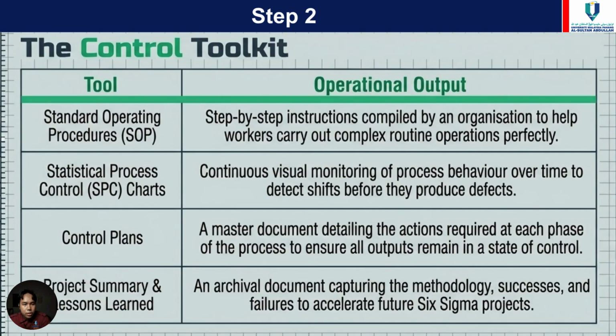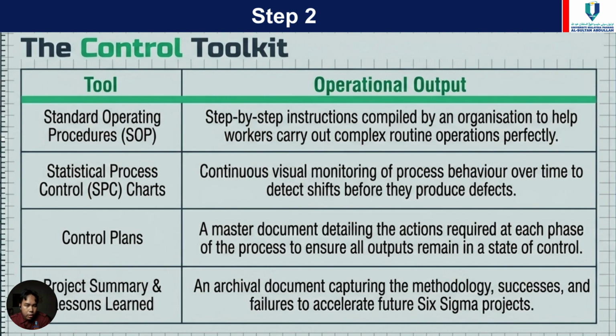Okay, so this is the toolkit for the control phase. First, the standard operating procedure (SOP); second, the statistical process control chart (SPC); control plans; project summary; and lessons learned. An SOP is a step-by-step instruction compiled by an organization to help workers carry out complex routine operations perfectly.